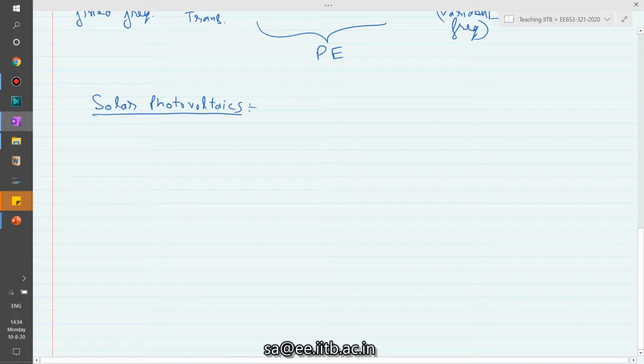Now, solar photovoltaics are essentially PN junction diodes, which produce DC voltage, right? As the light falls on it, the photon gets absorbed, which leads to flow of DC current and production of DC voltage. So your source here is DC.